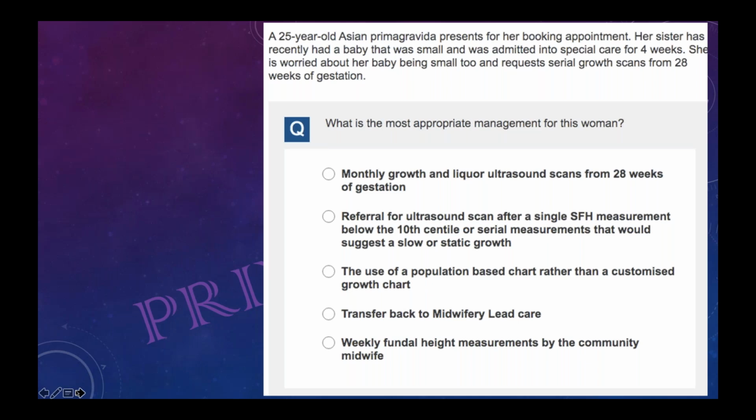B. Referral for ultrasound after a single SFH below the 10th centile and then serial measurements.